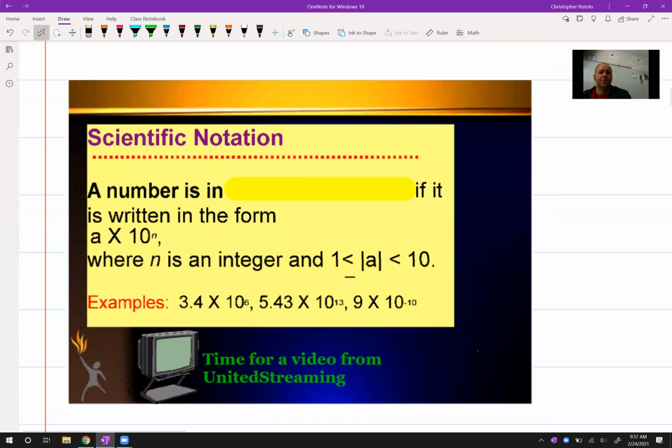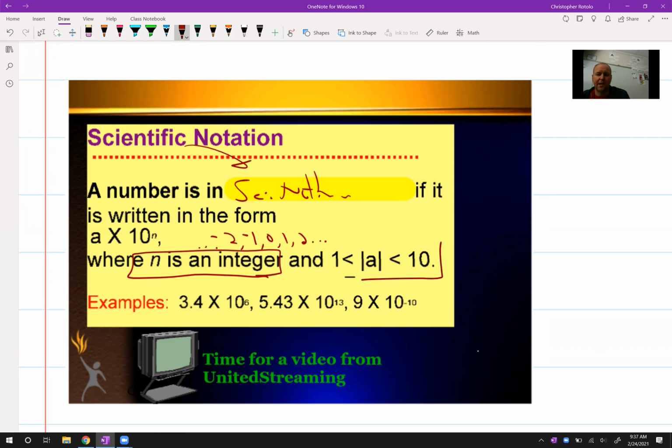A number is in scientific notation if it's written as a times 10 to the nth power, where n is an integer. So we have to remember that that is negative 2, negative 1, 0, 1, 2. We can go on both ways, so no decimals, no fractions. And here's what we laid out up above there, that the a value has to be a single digit.